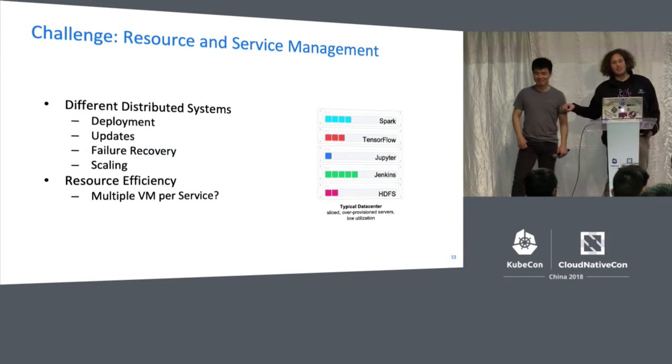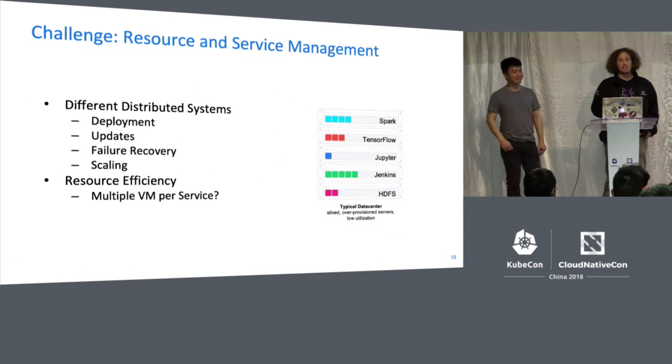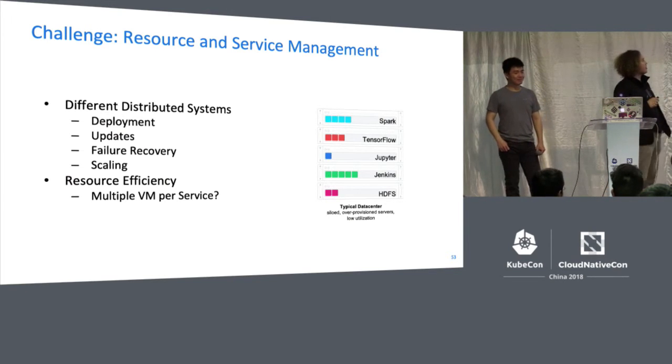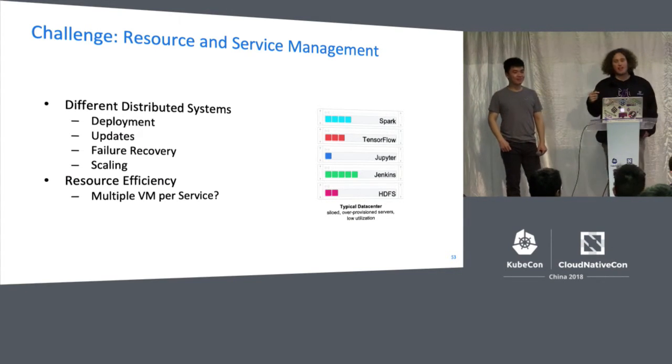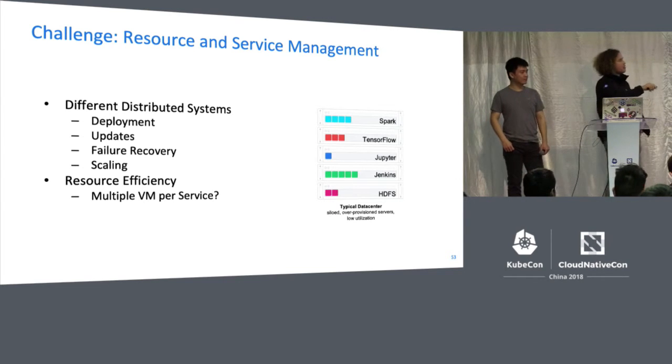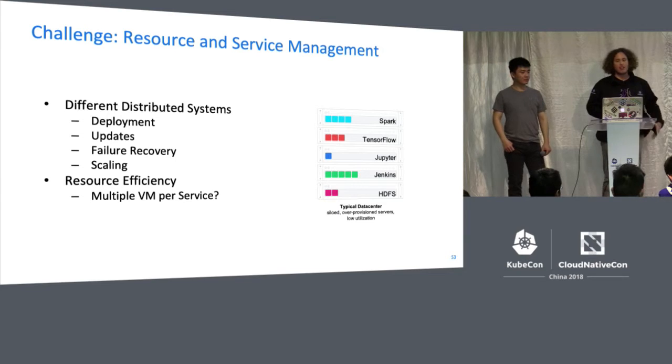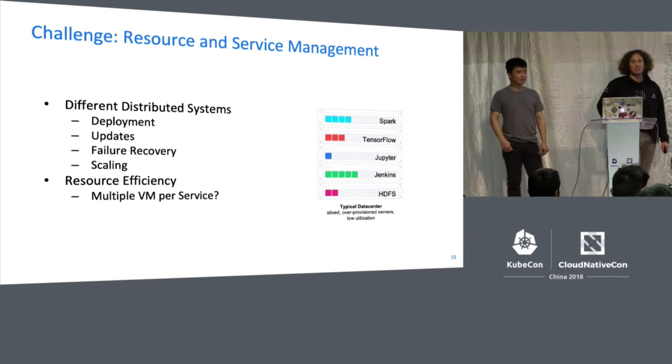Another challenge, which Gilbert mentioned earlier, is resource and service management. This is very challenging as I have to deal with all those different distributed systems. What I would typically do in a cloud environment is spin up different virtual machines for each, but this wastes a lot of resources.